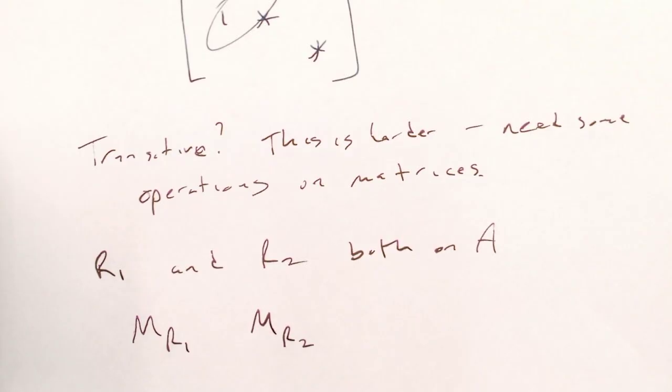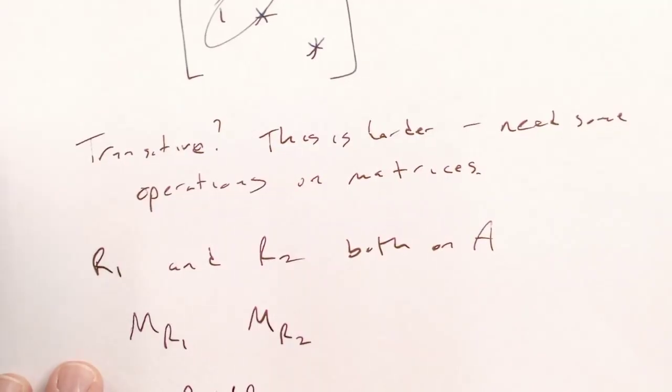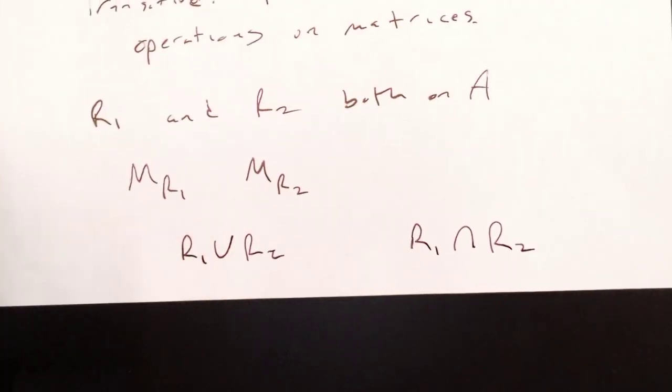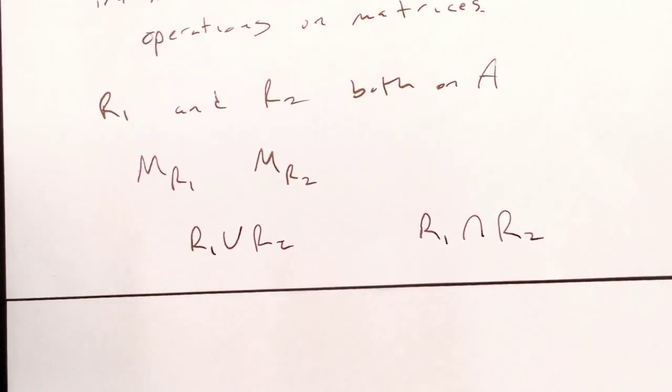We had R1 union R2. We had R1 intersect R2. But how did I know when you were in the union? One or the other.